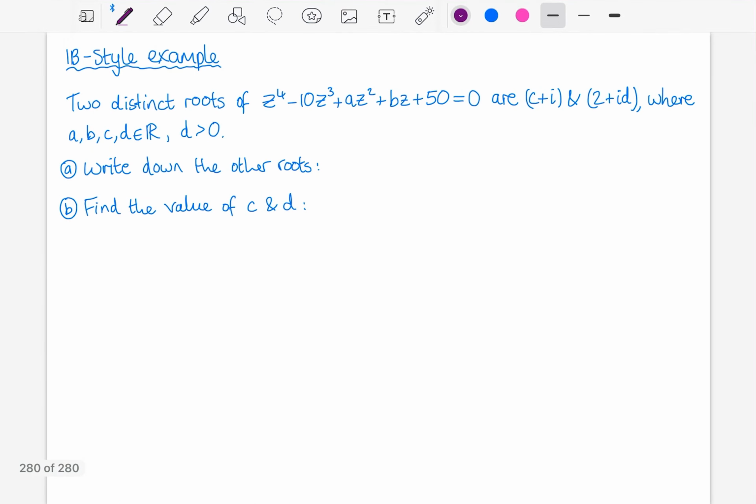I'm trying not to make this too long, but let's do one more example, a sort of IB question, bringing all those things together. If we have this quartic here, and 2 of the roots are these complex numbers here, where a, b, c, and d are real numbers and d is positive, what are the other roots?